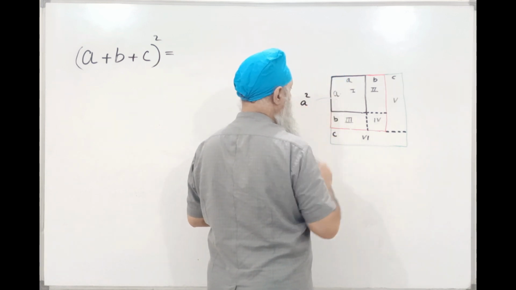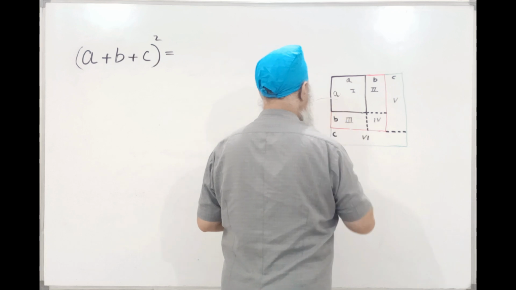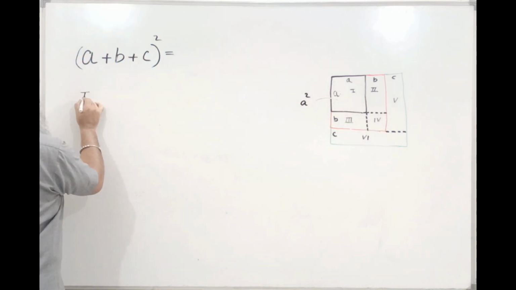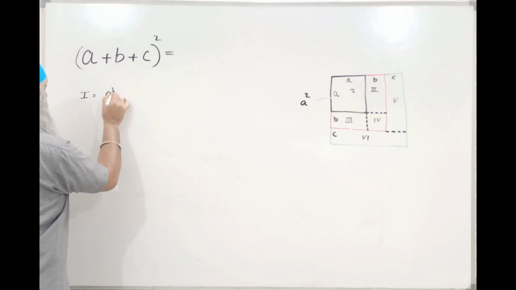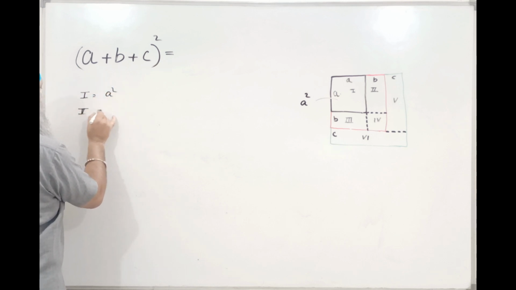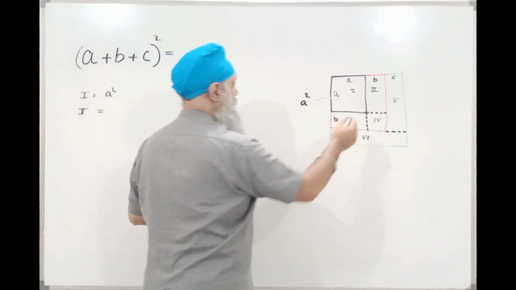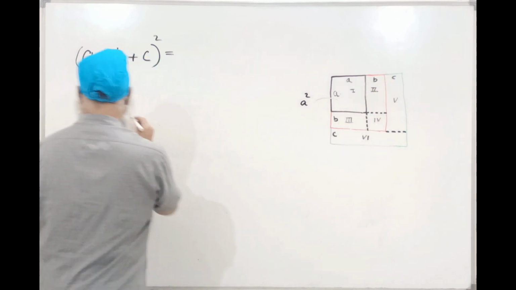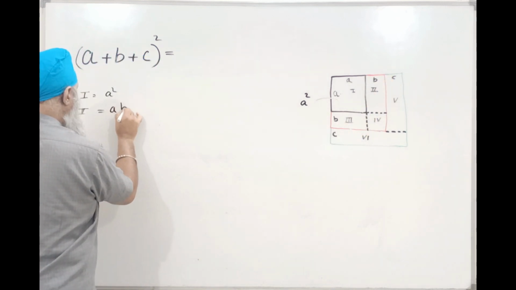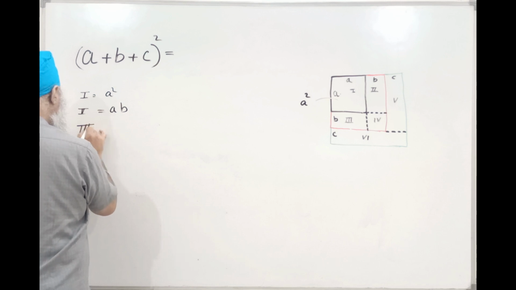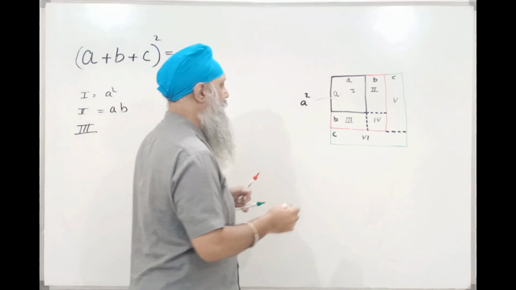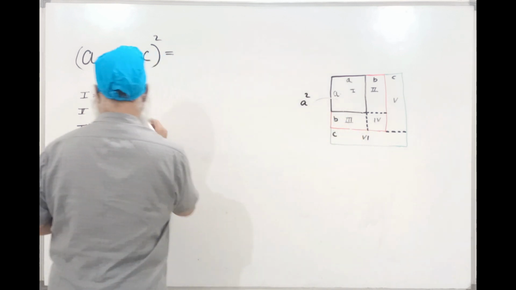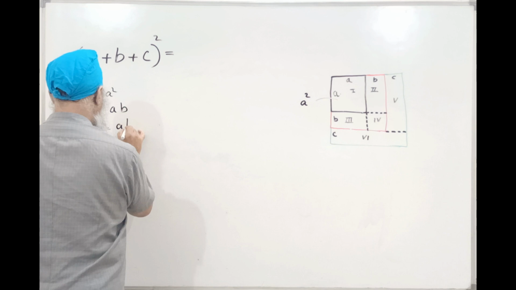So let's see what that is. This is A square, and the area of the first region is A square. Area of the second region: this side is A, this is B, so this will be AB. And the area of the third region: this is B, this is A, so this is AB.